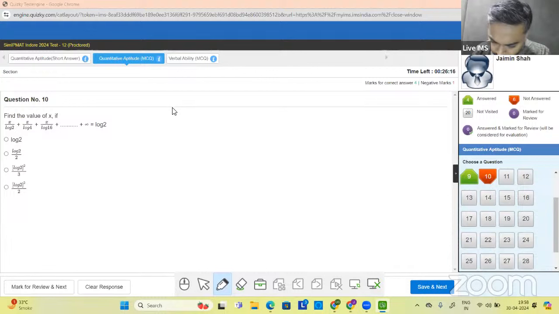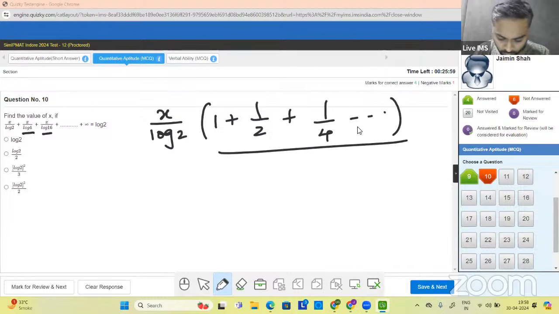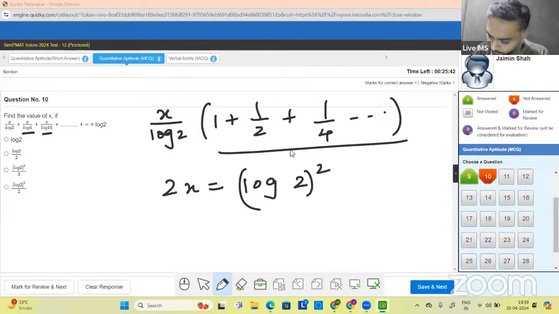Taking x upon log 2 outside, this is 2 log 2 and this is 4 log 2, so this is 1 plus half plus 1/4, yes okay, so that is basically 1 upon 1 minus 1/2, which is 2, the whole series becomes 2. So basically 2x is equal to log 2 the whole square, correct? So x is equal to log 2 the whole square upon 2. So which option? Fourth option.